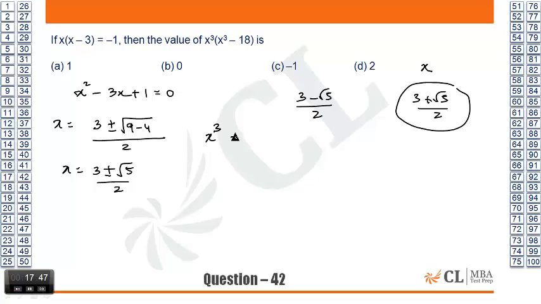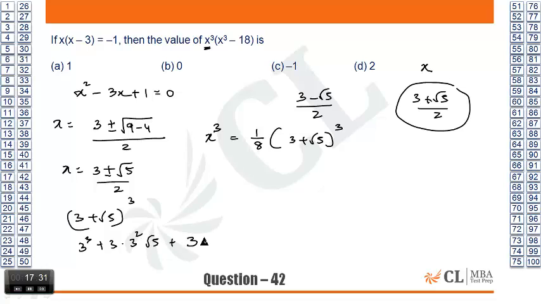X cube. Its cube, which means 1 by 8 into 3 plus root 5 the whole cube. A plus B the whole cube is A cube plus 3A square B plus 3A B square plus B cube. Root 5 cubed is 5 root 5.